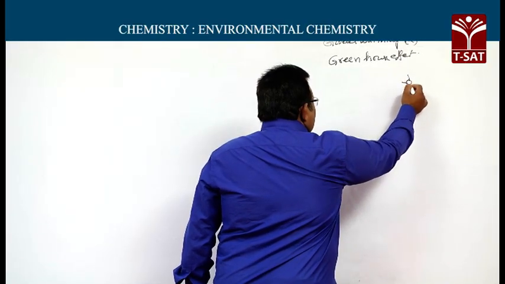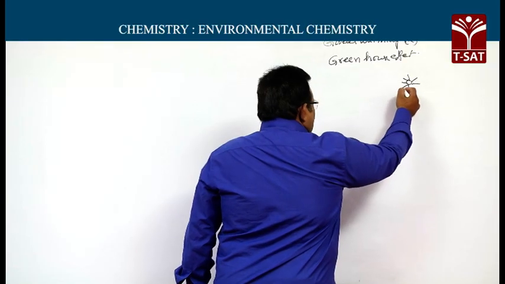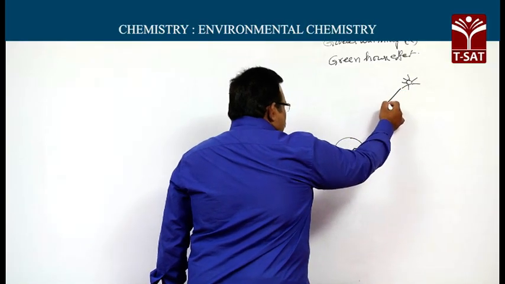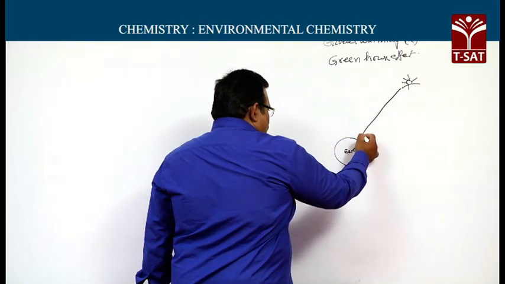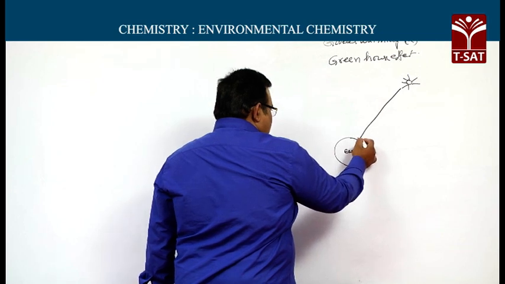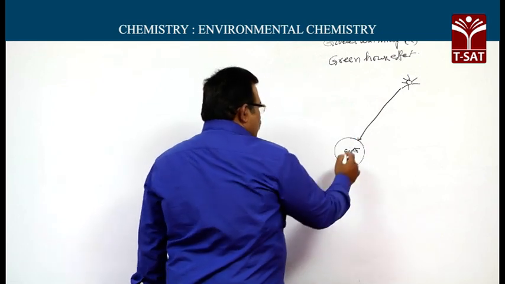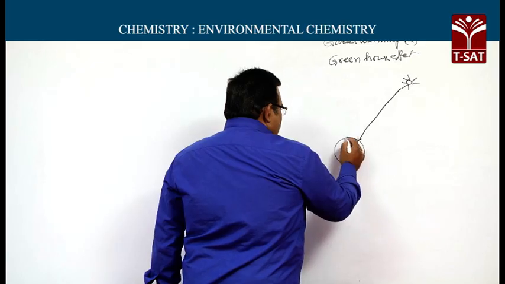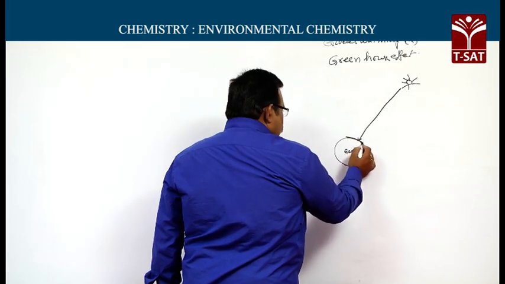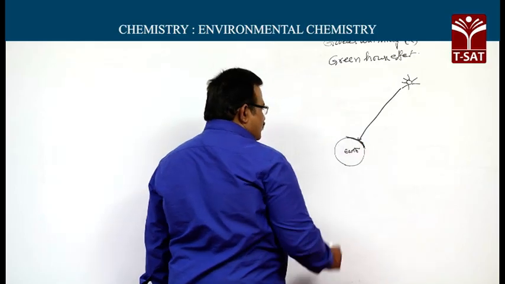This is the sun. The visible rays enter and fall on the earth surface, and some heat energy will be produced on the earth surface.